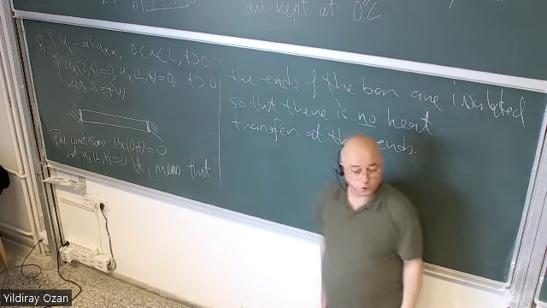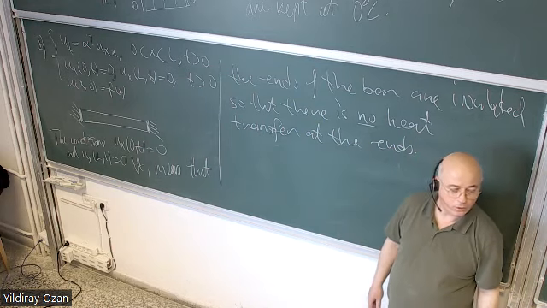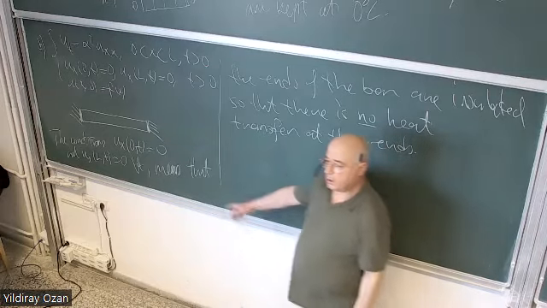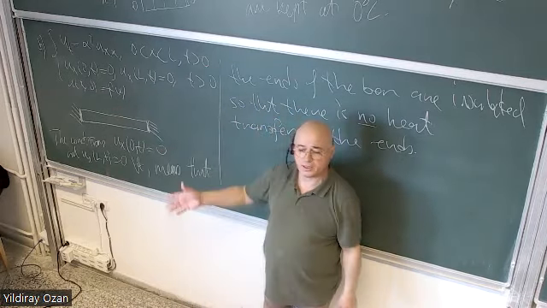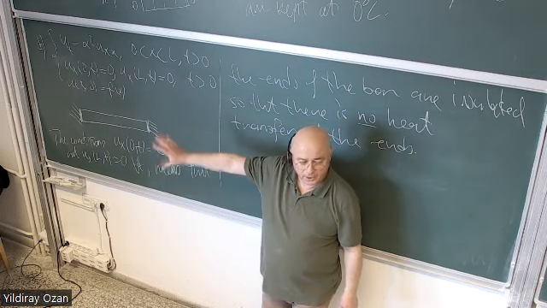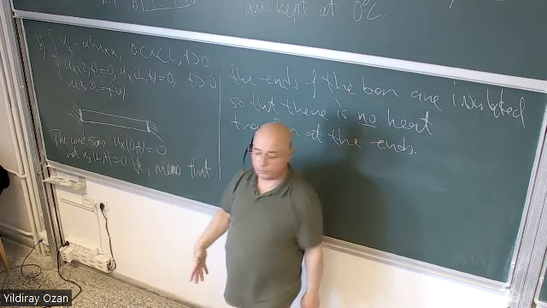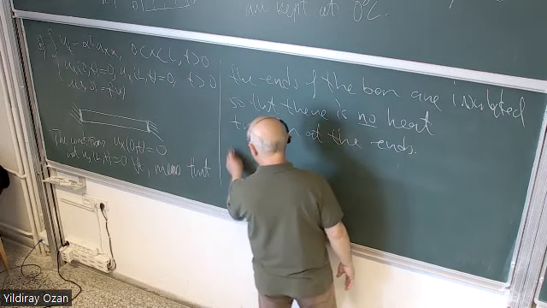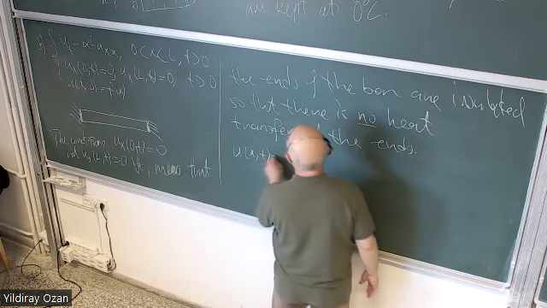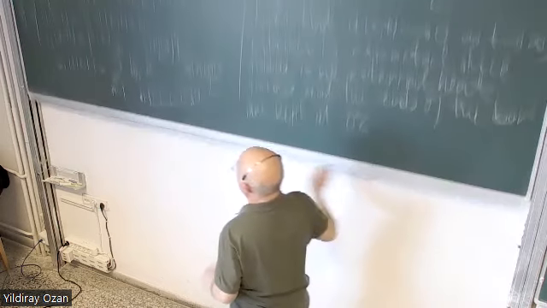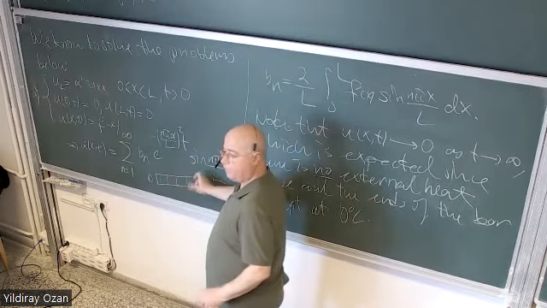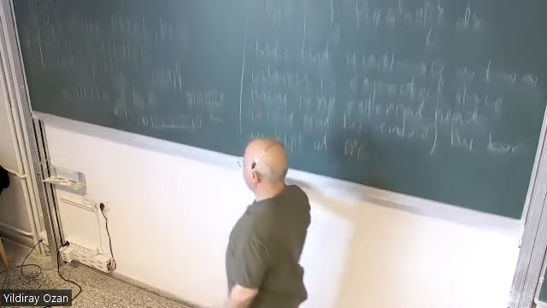In this case, what was the solution? If you go over all the steps, this time you see that the sine terms will vanish. There will be only cosine terms left. So in this case, the solution u(x,t) is similar to this one, but instead of sine functions, we have cosine.